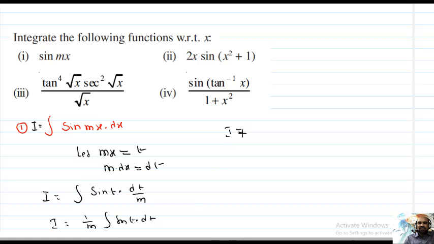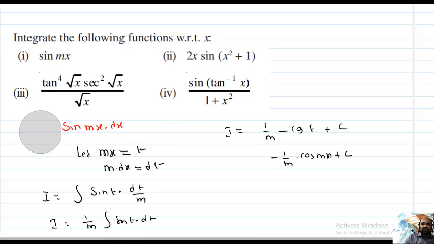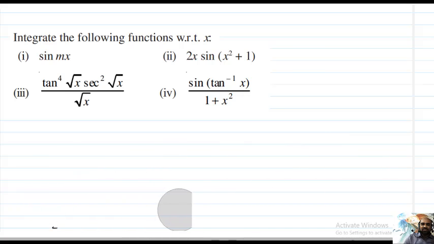So I equals 1 by m into minus cos t plus some constant c, that is minus 1 by m cos t. At last, instead of t we write mx: minus 1 by m cos mx plus c. This is the integration of that function. I hope you understood the method. Interesting, important method. Second problem, students.